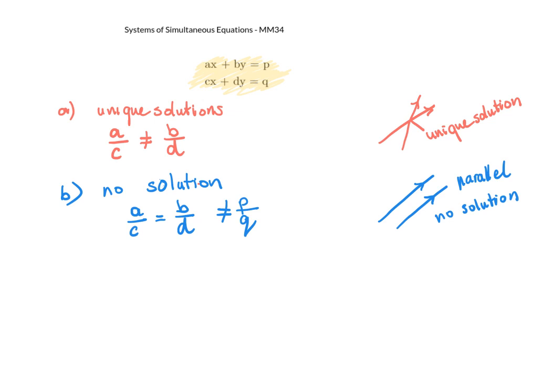Our final scenario is where we have infinite solutions. For there to be infinite solutions, we really want two lines, one of which is just simply a straight multiple of the other. One line is a multiple of the other.